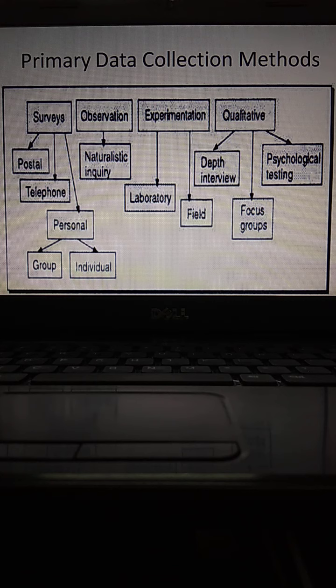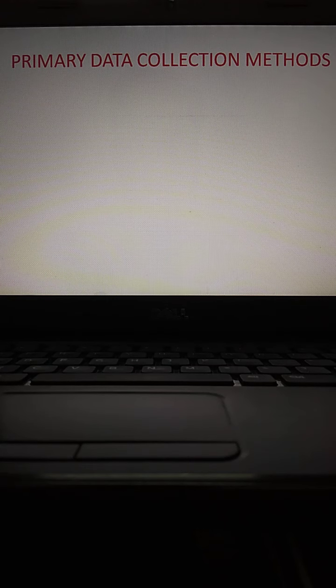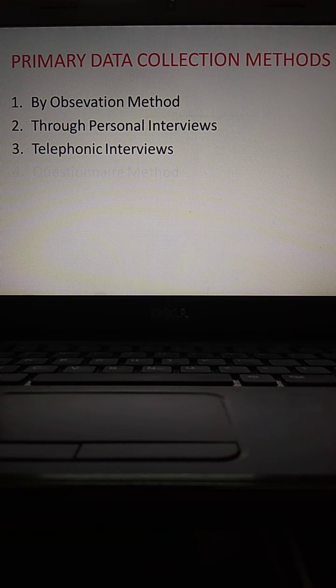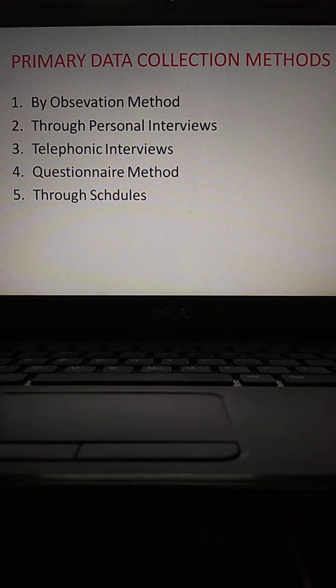So this is the overall set of methods available to collect the primary data. Now we are going to discuss the exclusively considerable methods as far as primary data collection methods are concerned.